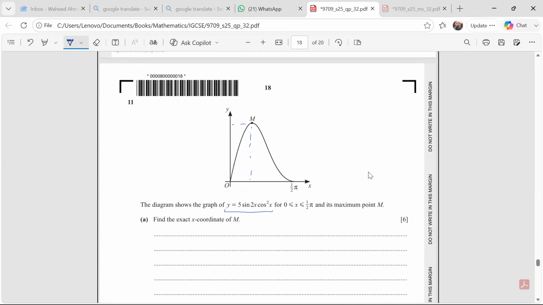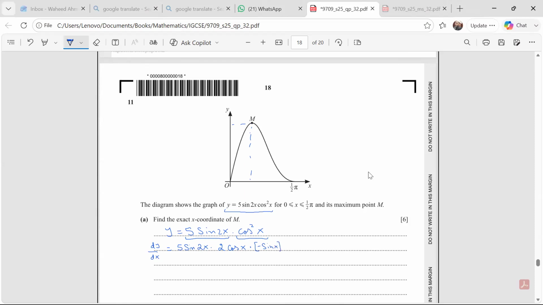So my first step: y is equal to 5 into sine 2x into cos square x. I'm going to find dy by dx. Let me consider this one as the first function and this one as the second function. So first function, which is 5 sine 2x, into derivative of the second part, so it is going to be 2 times cos x into derivative of cos x, minus sin x.